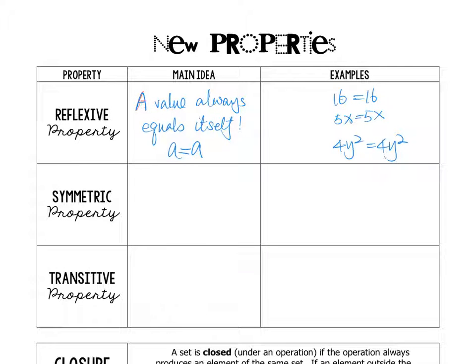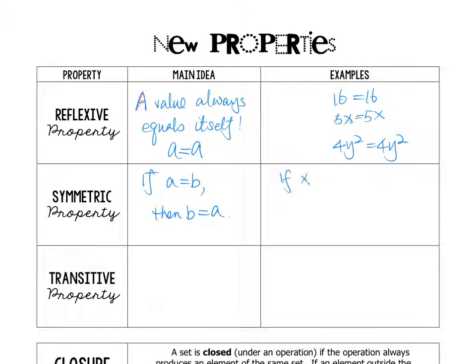And symmetric property is almost like how you can flip the things around the equation sign. So in other words, if A equals B, then we can draw the conclusion B equals A. They are the same things.